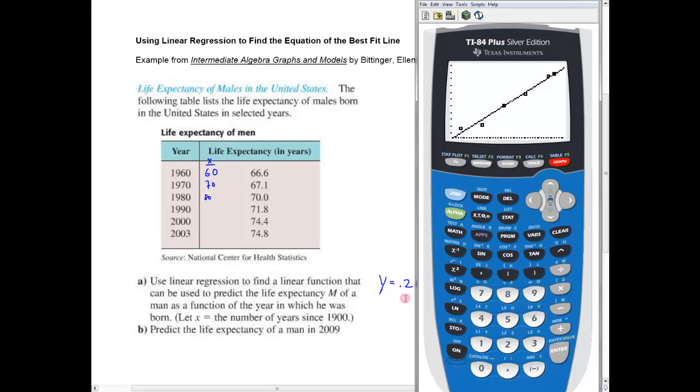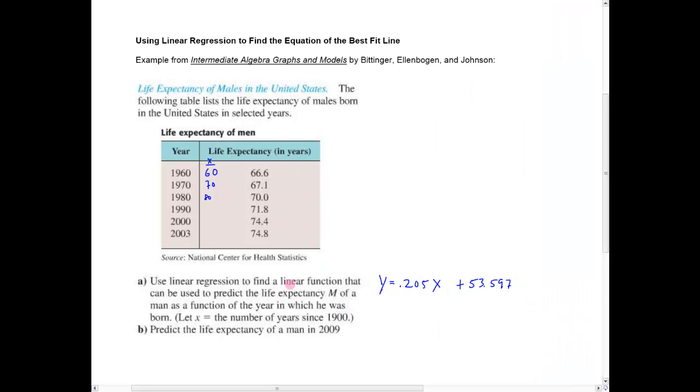In terms of m, the problem said to use the linear regression to find a linear function that can be used to predict the life expectancy m. So m, the male life expectancy, is about 0.205x plus 53.597.